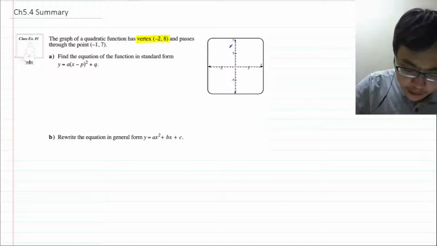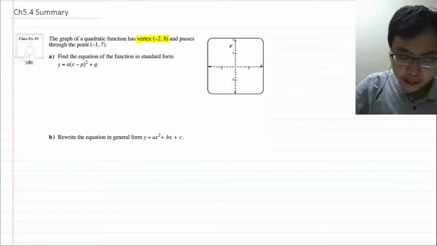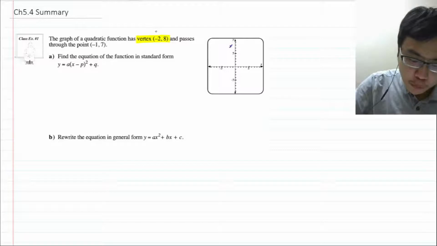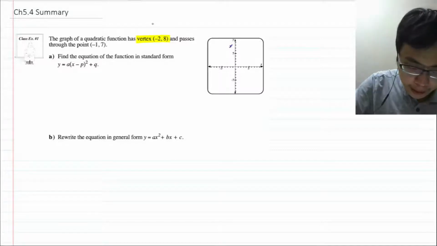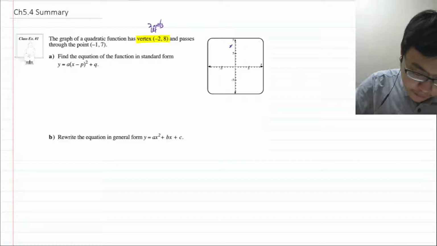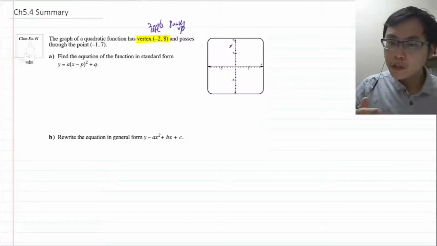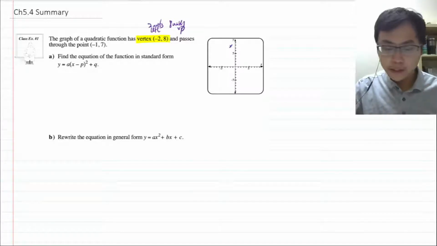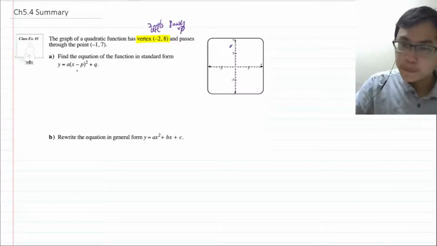And so if it has a vertex at negative 2, 8, it has already shifted 2 places to the left. Okay, so it has gone 2 units left and also 8 units up. And we know which two letters in the vertex form it has affected.